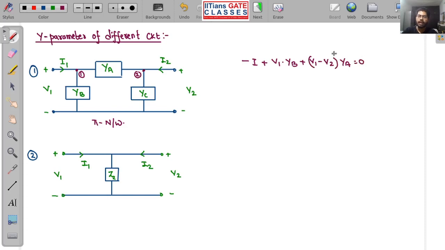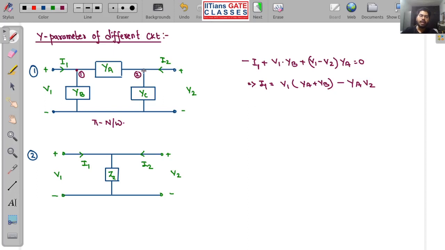I can write it like this. So this is I1 actually, sorry. So I1 is equal to V1 (YA plus YB) minus YA V2.